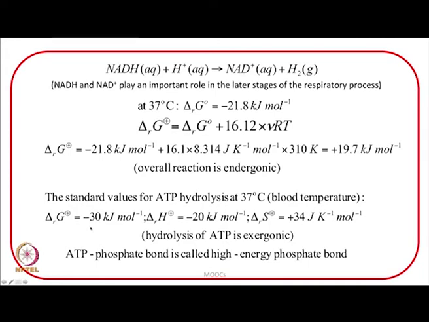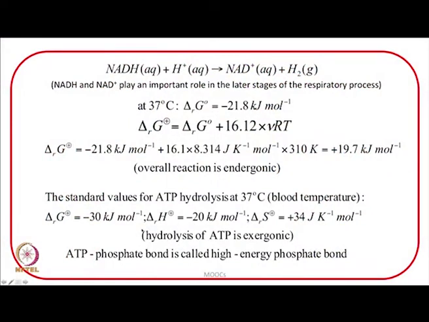Minus 30 kilojoules per mole is a highly negative value. That means the reaction is highly exergonic. Exergonic reaction means it can drive non-spontaneous processes provided some enzymes are available which will catalyze those reactions.